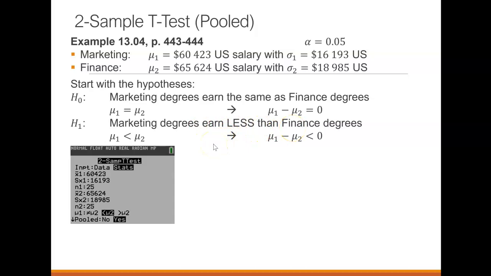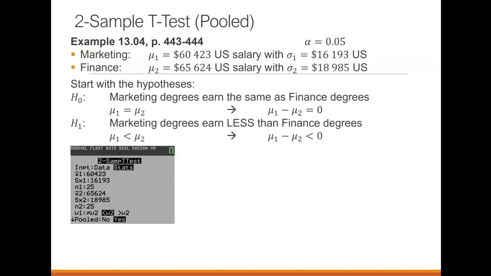Then we go in and we set this up. So that's what your setup should look like. Our sample one is the marketing, and the sample two is the finance. Remember, in the story situation, it said there are 25 samples of each. And our alternative is mu1 less than mu2.